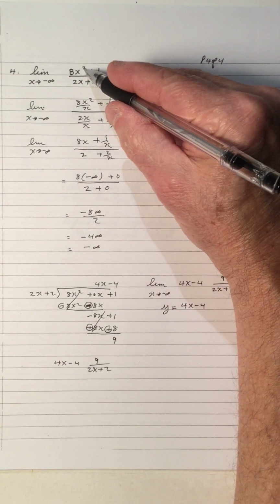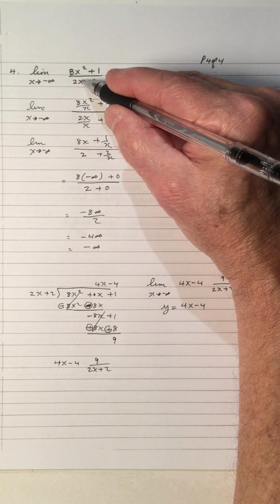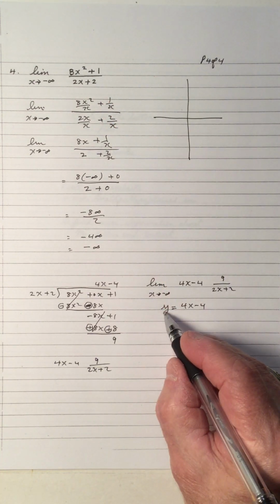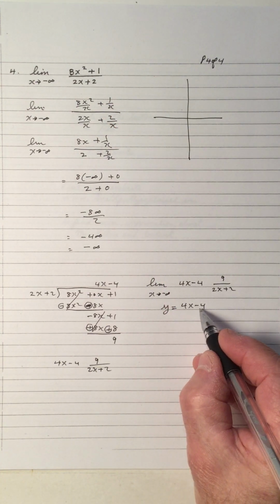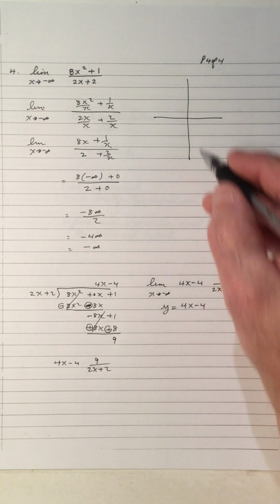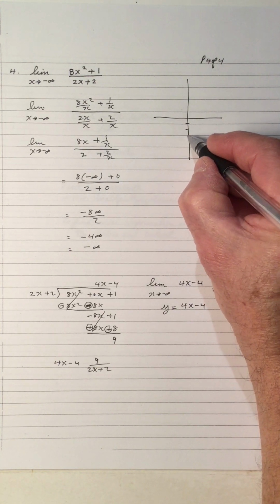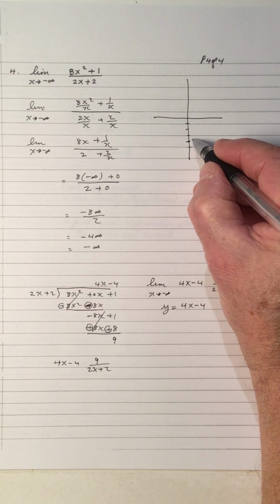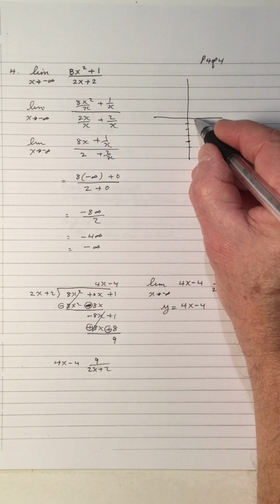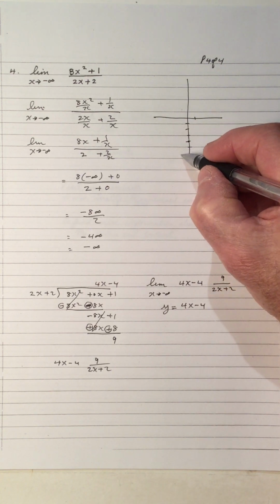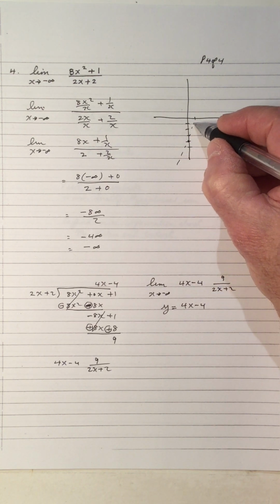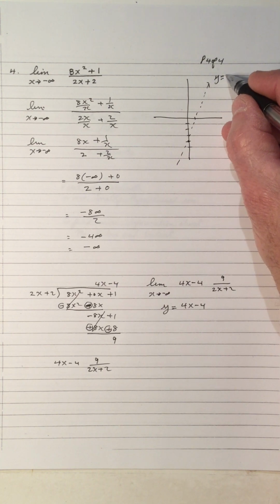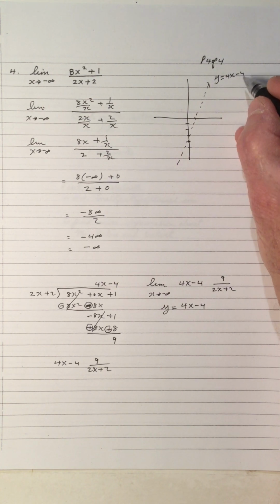Because this power is larger than this power, we have an oblique asymptote, and the oblique asymptote is y equals 4x minus 4. That's a minus 4, up 4, right 1. So this is the oblique asymptote going through here.